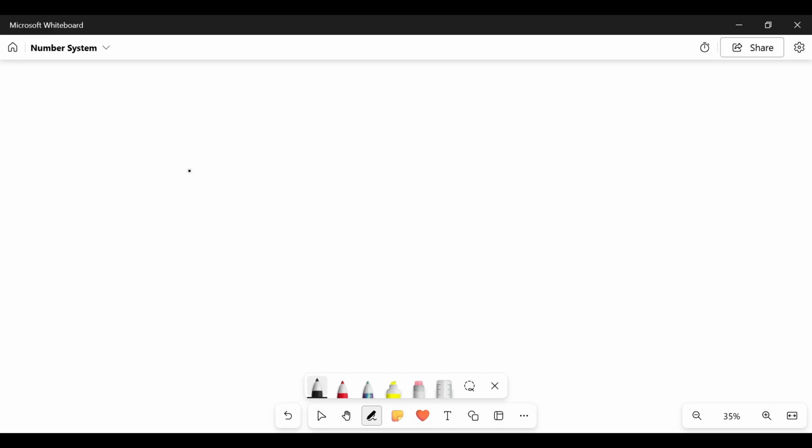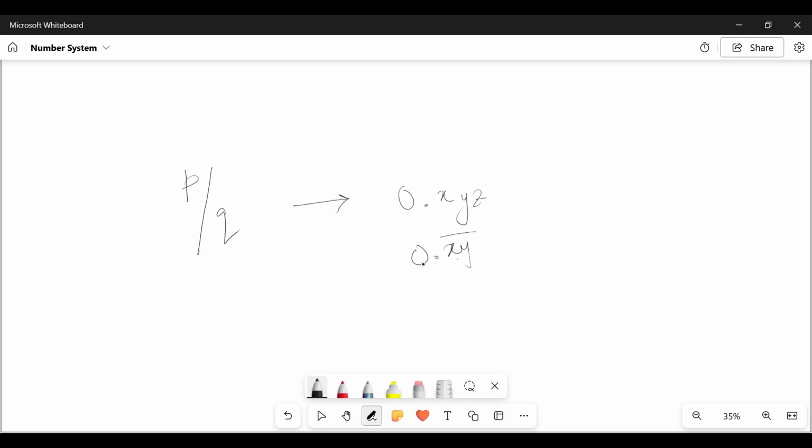We saw that rational numbers can be represented in the format of p by q and can be converted into decimal numbers which are either terminating or non-terminating, where we put a bar on top to convey that the number gets repeated after the decimal.